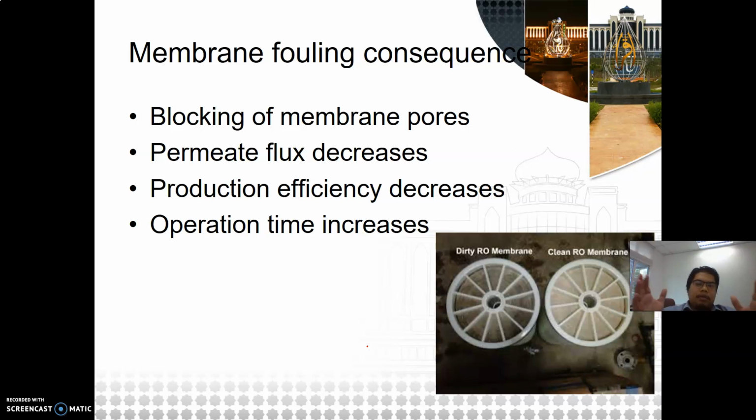So the production efficiency suffers. We need the same result, but we need to wait a longer time. This is what we want to avoid.